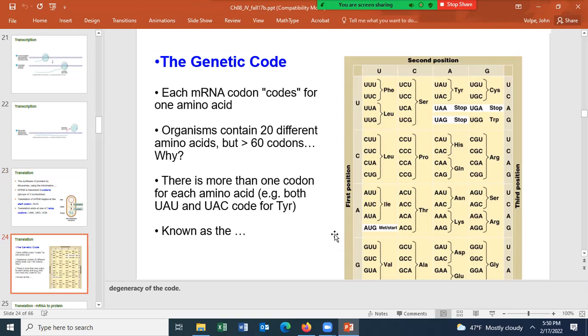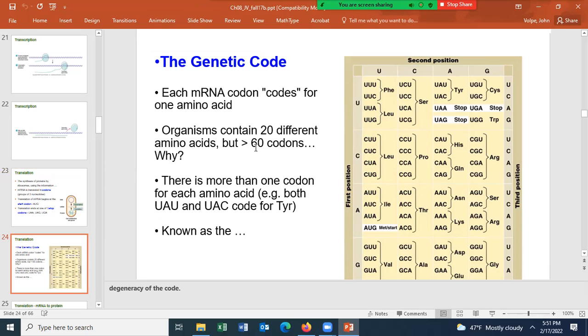All right. So as I mentioned, the messenger RNA is read in groups of 3 nucleotides that we call a codon. Each messenger RNA codon codes for 1 amino acid. But there's a problem, and that is there's only about 20 different amino acids, but there are slightly over 60 codons.